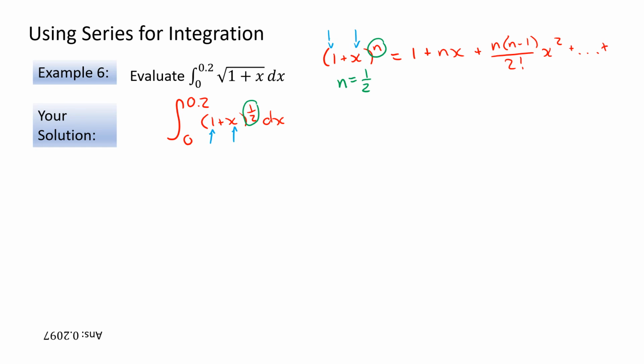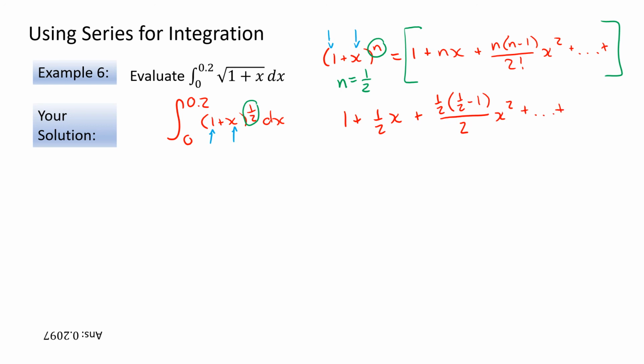Okay? So what we can do is we can actually use this expansion and just substitute in the value for n here. We don't have to change the value of x because it matches what's in this initial series. Okay, so if we do that, what we end up with here is 1 plus 1/2 times x plus 1/2 times 1/2 minus 1 divided by 2 factorial, which is 2, x squared, and then plus the remaining terms.